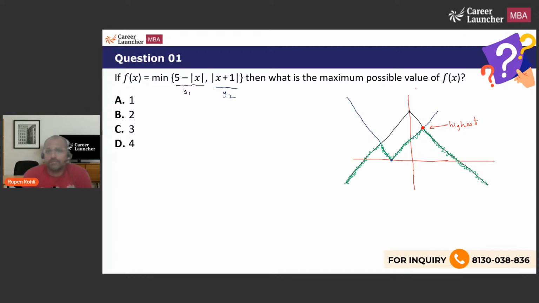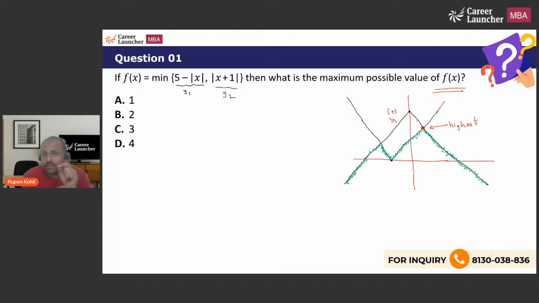Then we need to find this point of intersection, right? We need to find the value. So at this point of intersection, this is my y1, and y1 is 5 minus mod x, right?